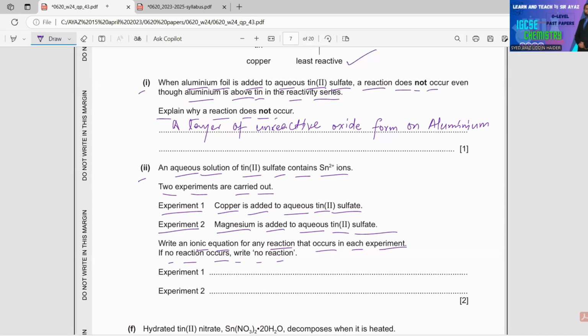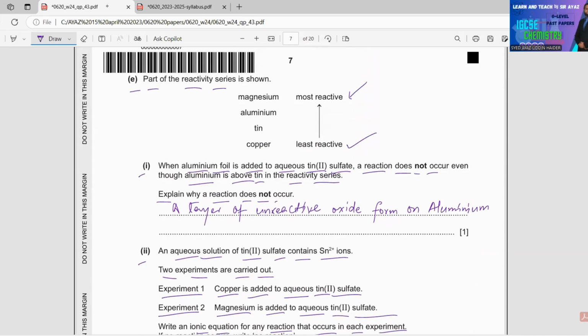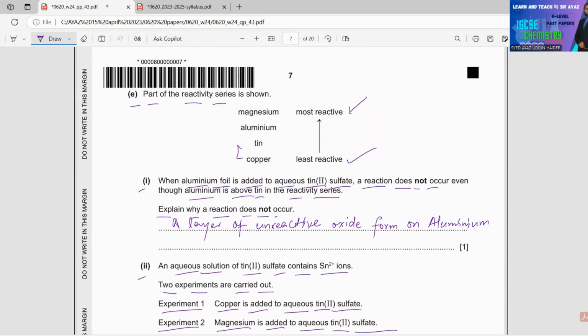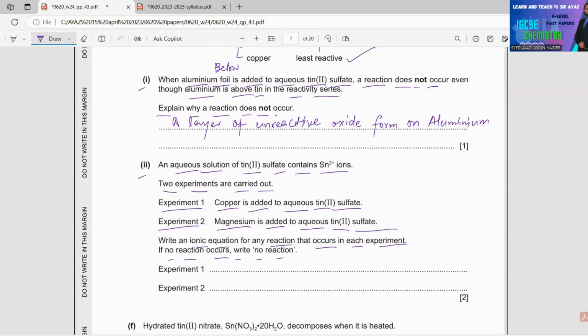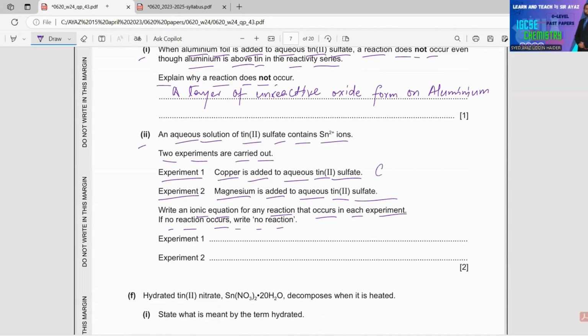So experiment 1, you are adding copper to aqueous tin sulfate. Copper is below tin, so definitely a reaction is not going to happen. So you write no reaction in experiment 1.